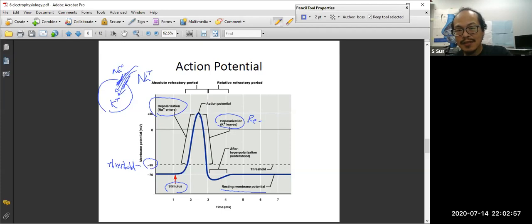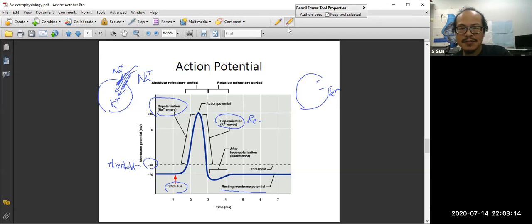And then it closes, and another channel opens, which is a potassium channel. Now, when we have this potassium channel, will potassium move out or move in? Inside has potassium, outside has sodium.